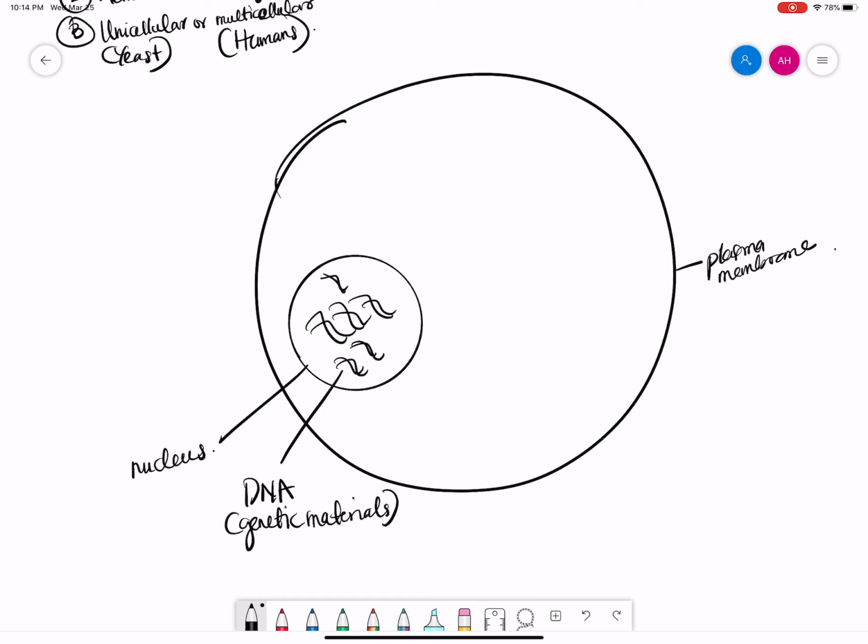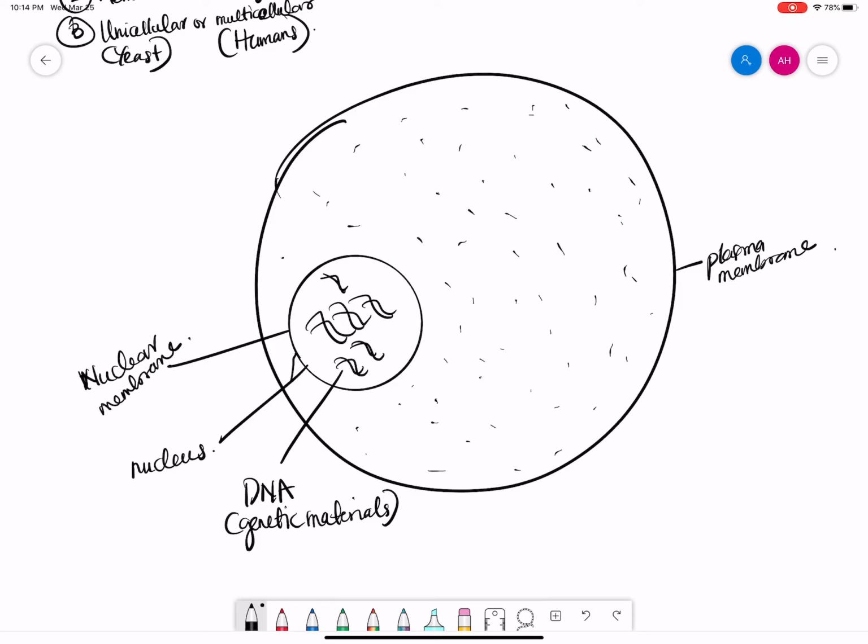Okay? The nucleus here, all of this, is surrounded by a nuclear membrane. In the eukaryotic cell, we have ribosomes. If you remember, the function of ribosomes is what?